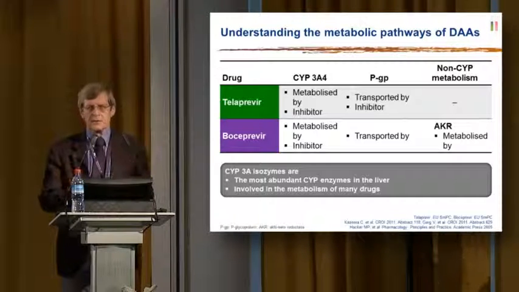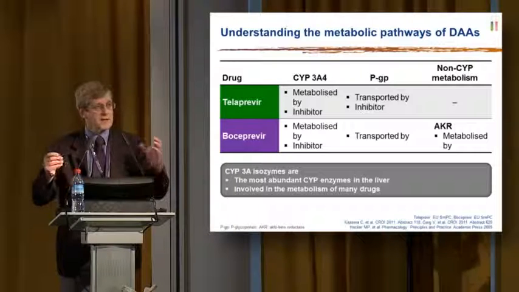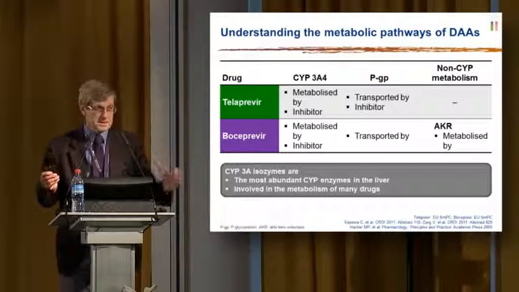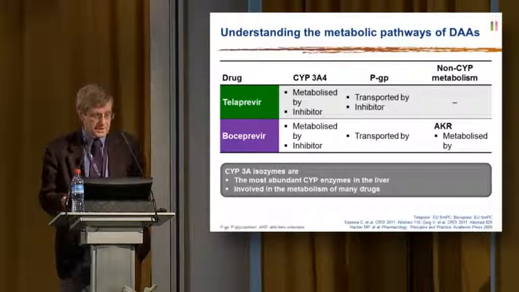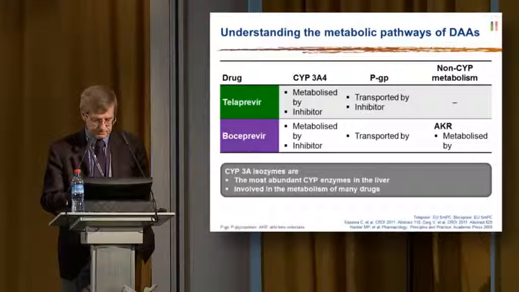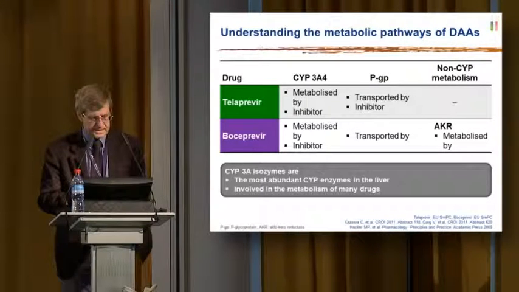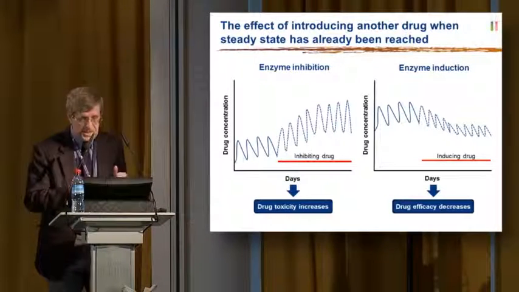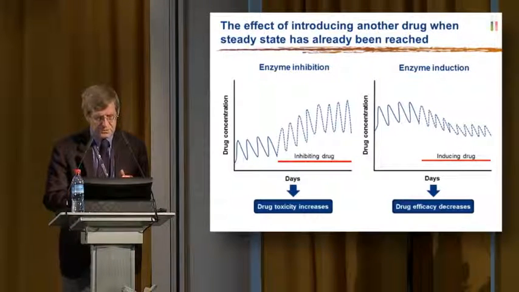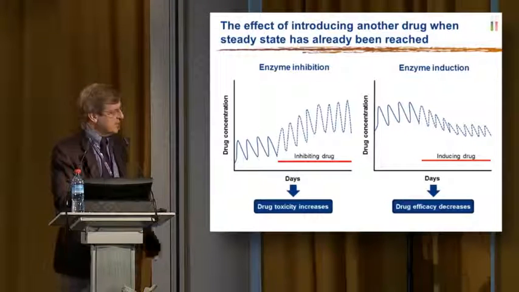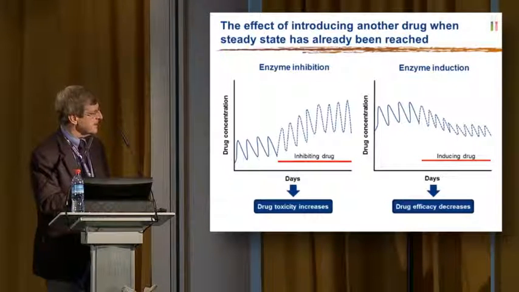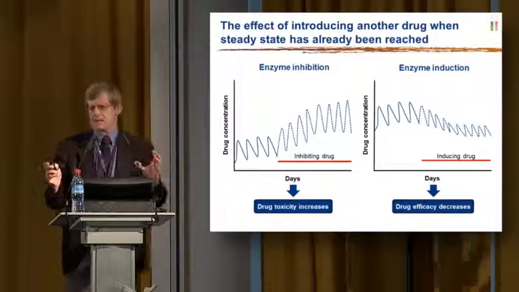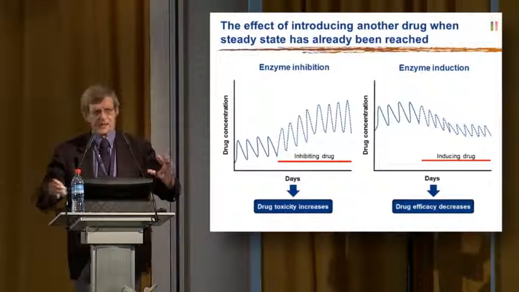Cytochrome P450 3A metabolizes around 40 or so percent of all the drugs that patients may be taking, and so we have to think about that. What is the effect of introducing another drug into a patient's regimen? Here I've tried to illustrate a patient who is stabilized on a therapy.